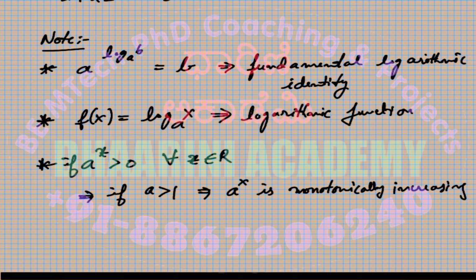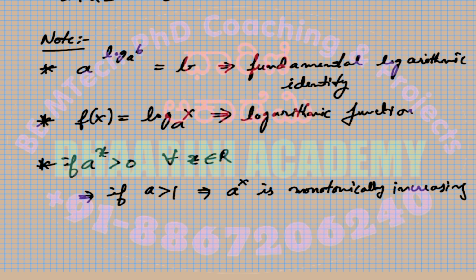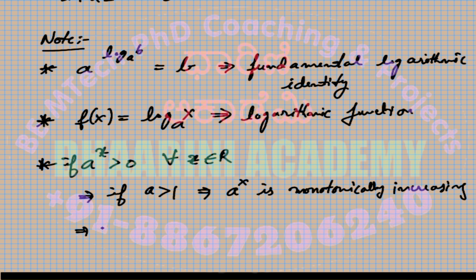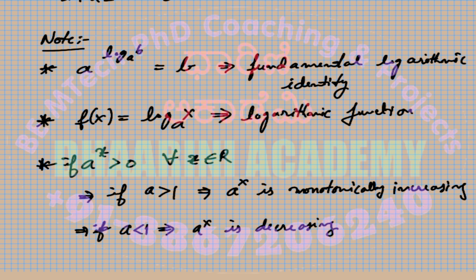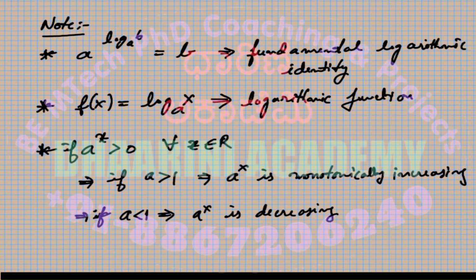As the x increases, you can see that it increases. At the same time, if a is less than 1, then a to the x is monotonically decreasing. So that's the one property which we need to remember.